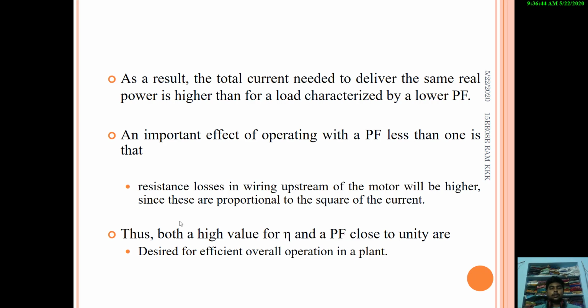It is otherwise called resistance loss in the wiring upstream of the motor, which will be higher since it is proportional to the square of the current, and which eventually results in a decrease in efficiency.